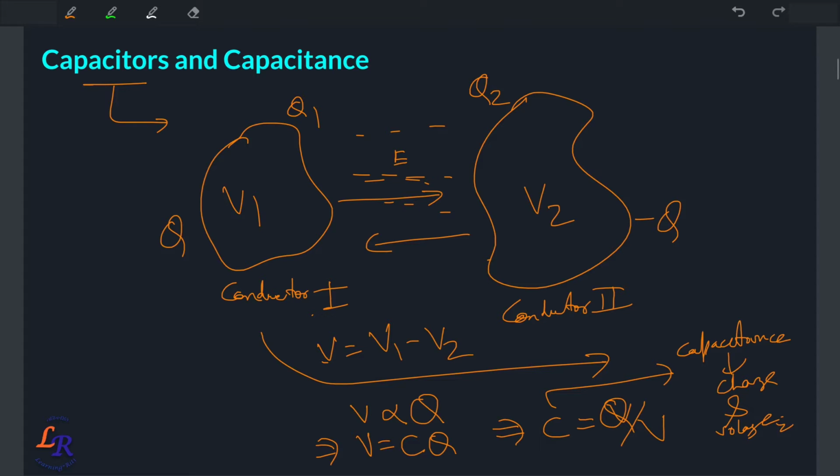It only depends upon the size of the conductors, the distance between them, the area of the conductors, and also the dielectric medium. We will see the dependencies in our next lecture. But these are the factors, and here the definition comes, where the capacitance is given by C is equal to Q by V.